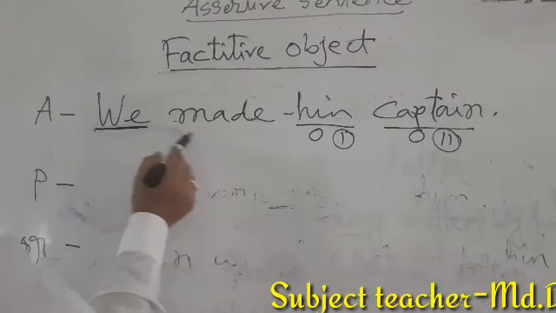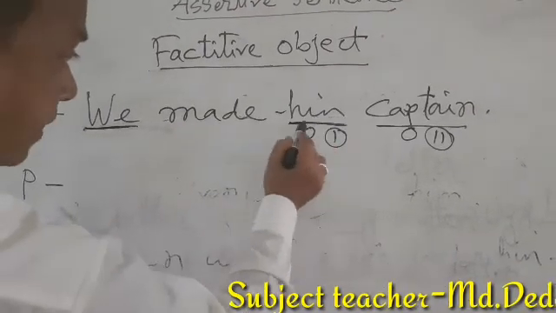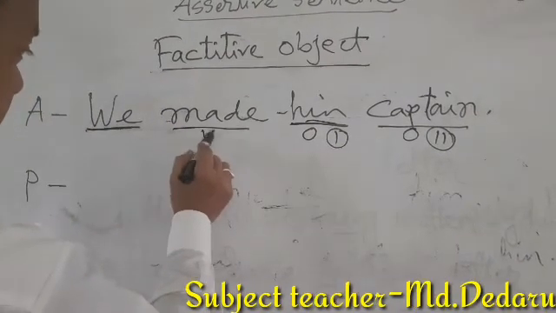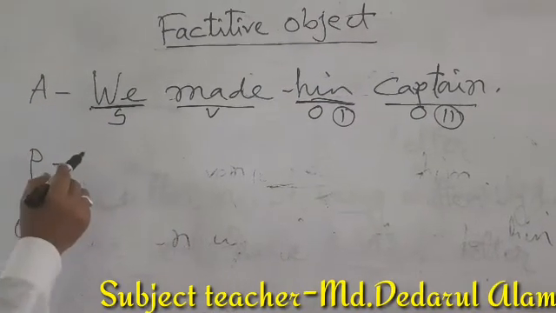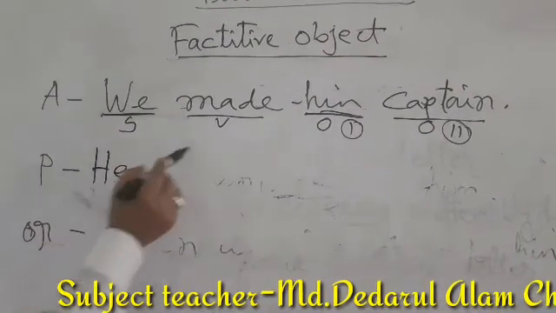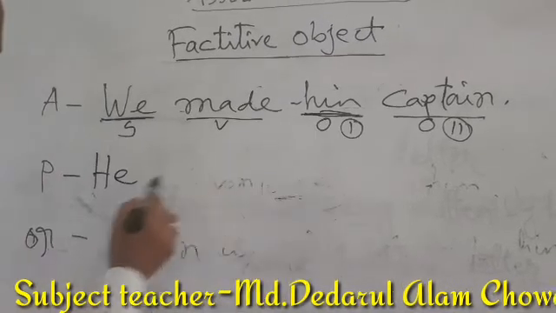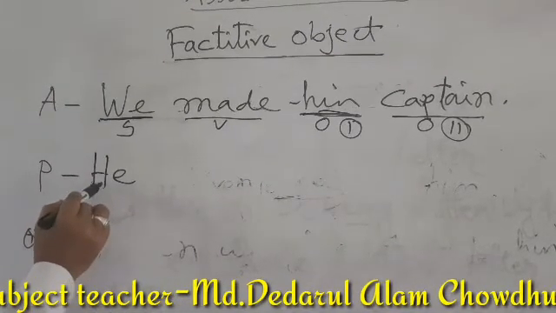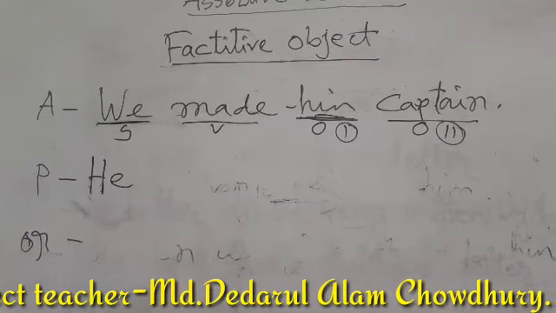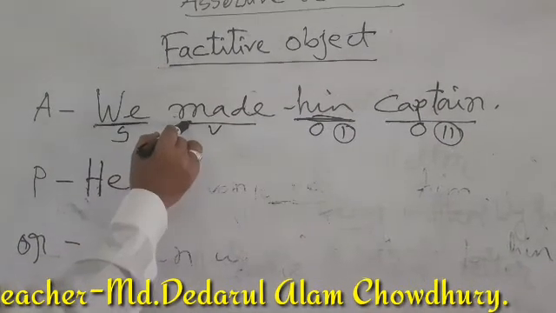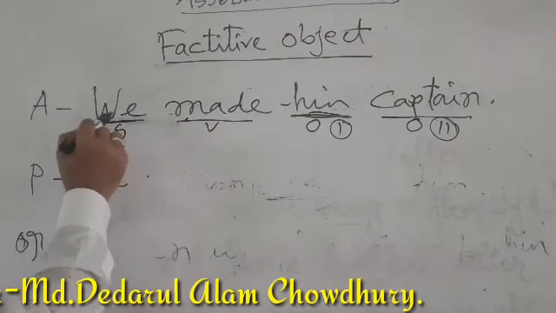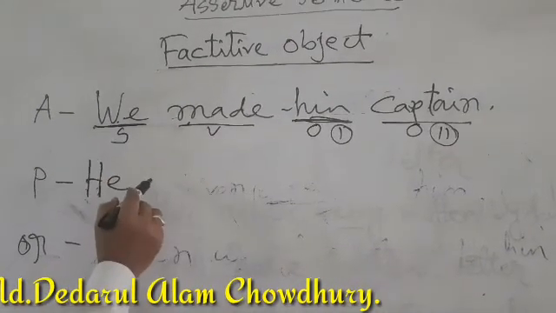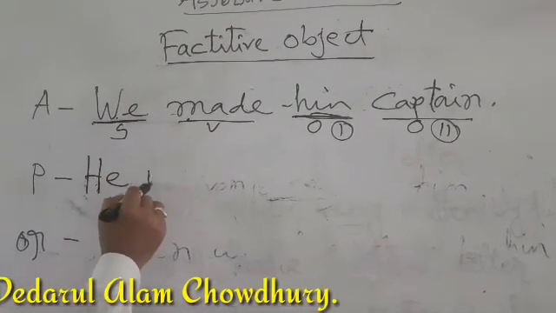That means subject, object, verb. So, subject he, objective form; in passive voice it becomes the subject form. Active voice is past indefinite, so we use was.